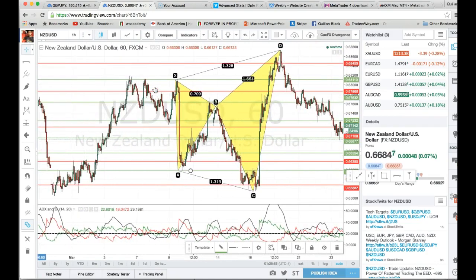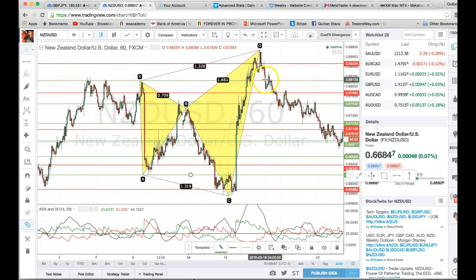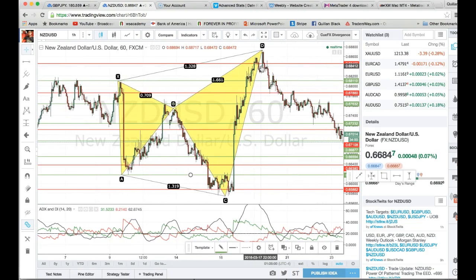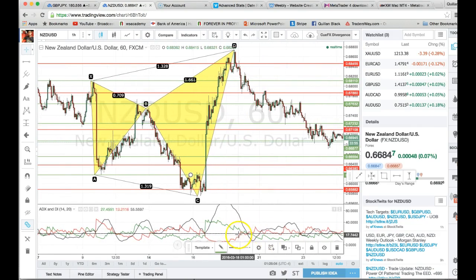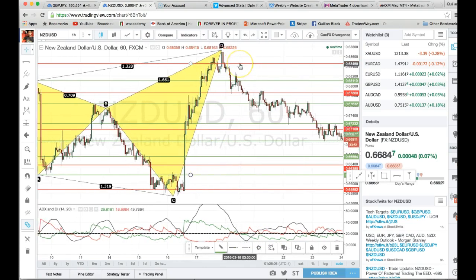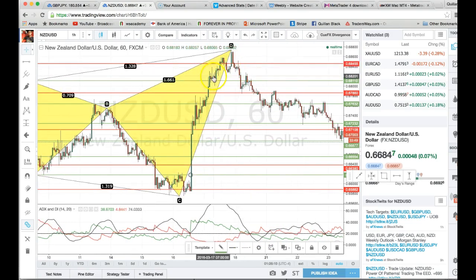So in this area, as you can see, hopefully you guys can see, a safe area to enter this would have been right when the ADX crosses, as far as the DI negative crosses over the 20 mark, which is around this area right here, which is basically the retest.